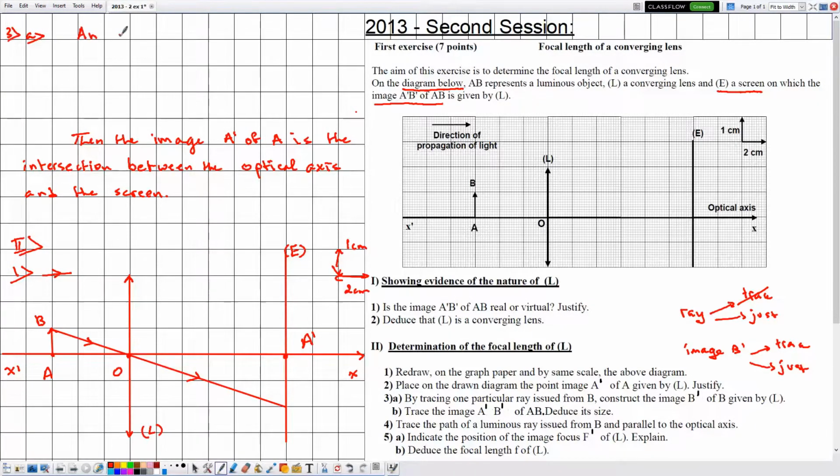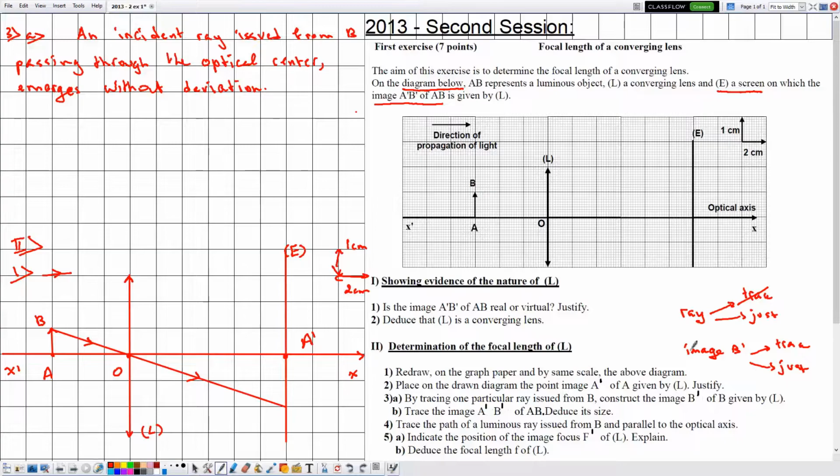Okay, an incident ray issued from B passing through the optical center emerges without deviation.